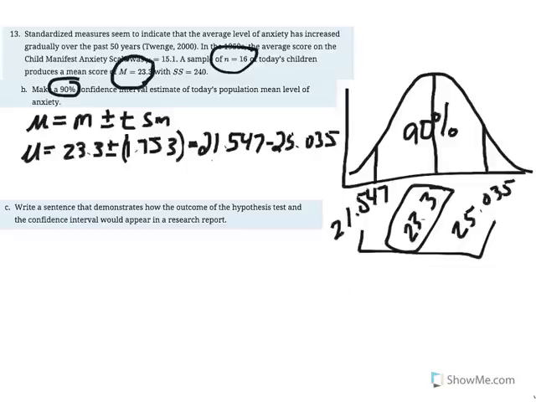Okay, so based on what we concluded in the last part, our results would be as follows. So we're going to write our concluding statement. So we would reject the null, which stated that current day anxiety levels are equal to those of 1950.